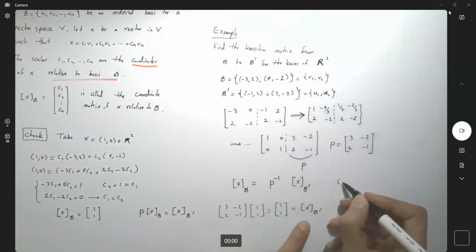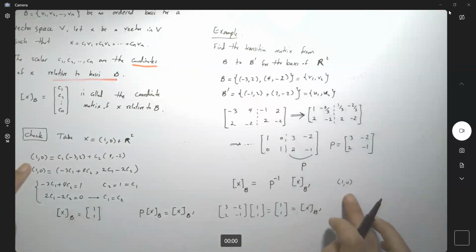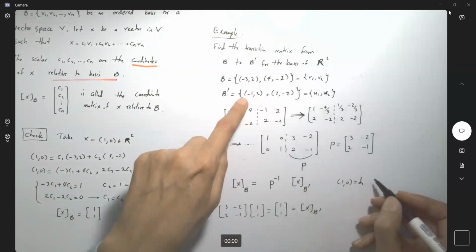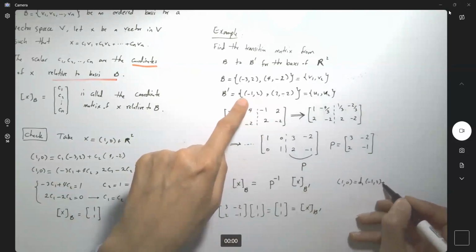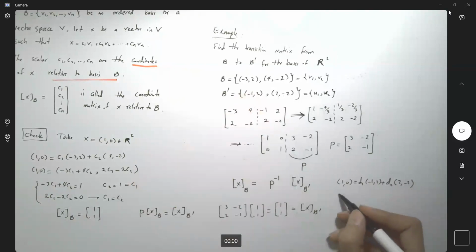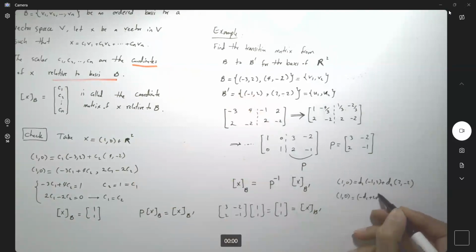If I write (1, 0), it's the same vector. I'm not changing the vector. It equals d1 (-1, 2) plus d2 (2, -2). This is saying that (1, 0) is equal to (-d1 plus 2d2, 2d1 minus 2d2). So we are saying that -d1 plus 2d2 is 1, and 2d1 minus 2d2 is 0.